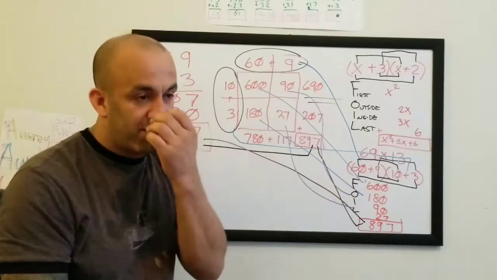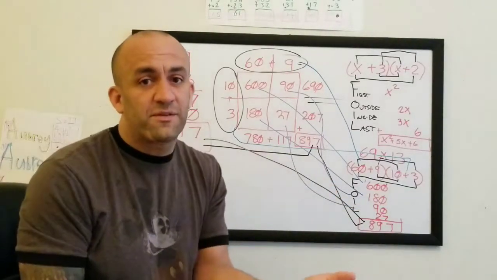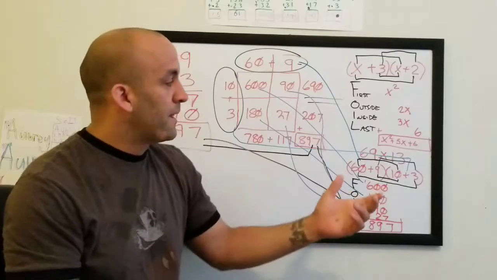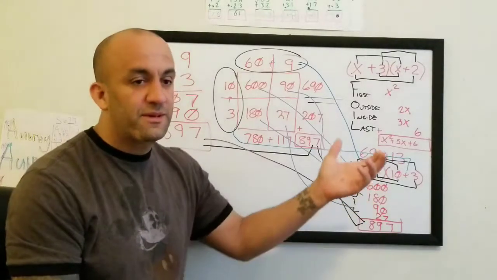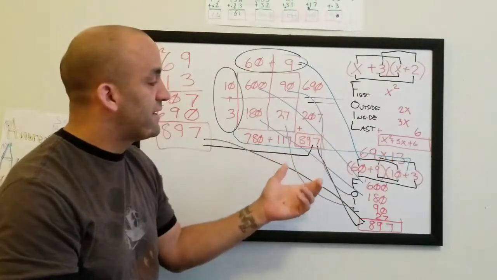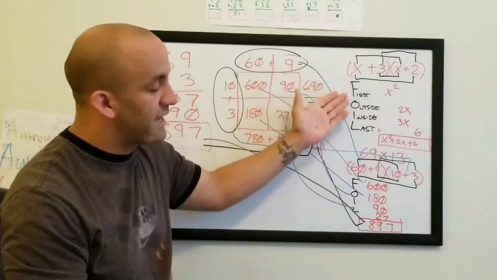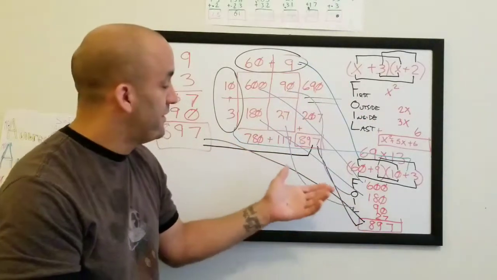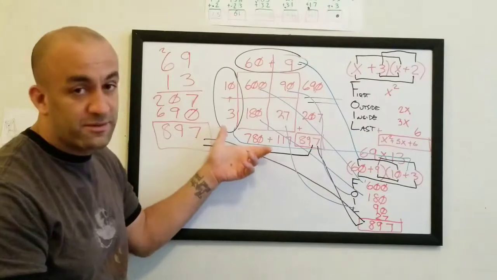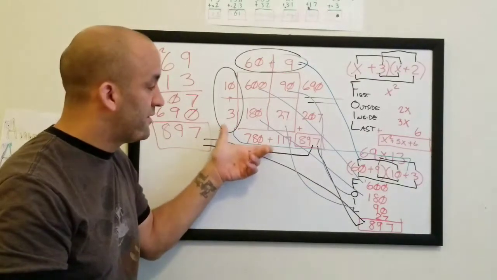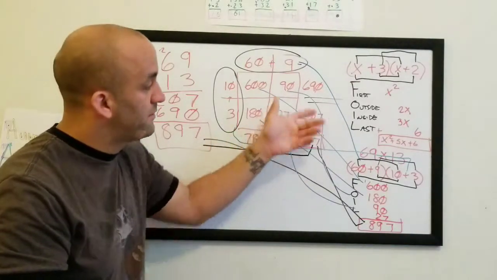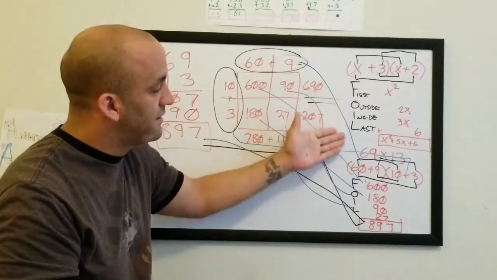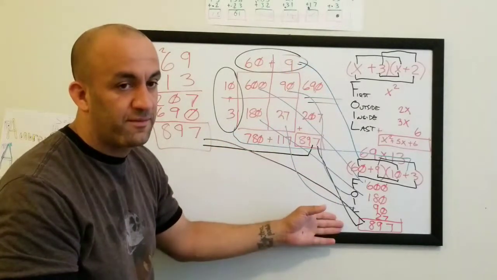And personally, and I'm going to get on a philosophical note right here, if we start to learn how to do things this way, and if we do the multiplication this way, we set ourselves up for a better understanding of doing it this way, right?